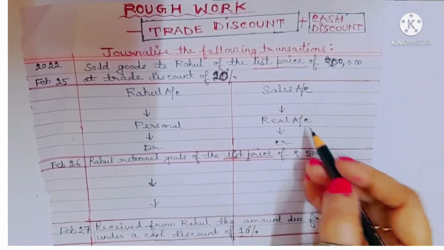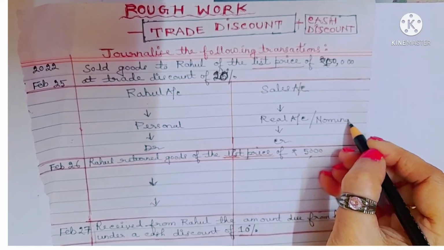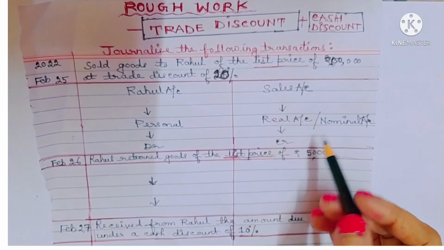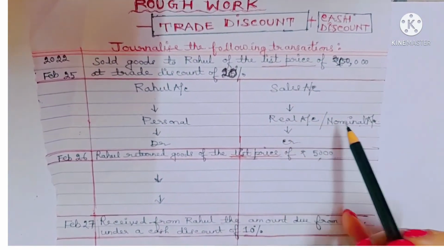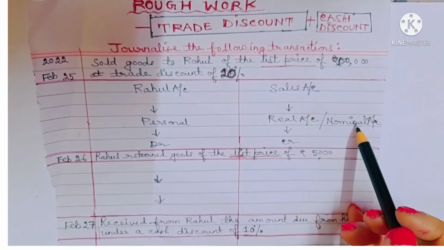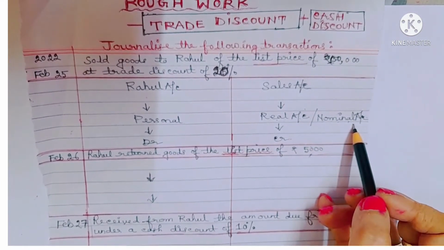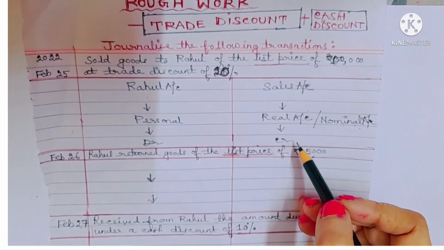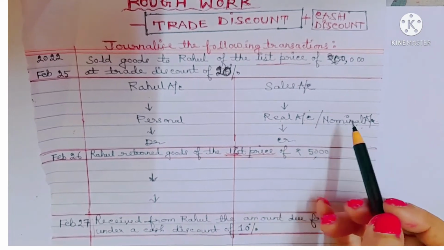And one more thing. If we treat sales as nominal account, according to nominal account, all losses and expenses are debited, all incomes and gains are credited.